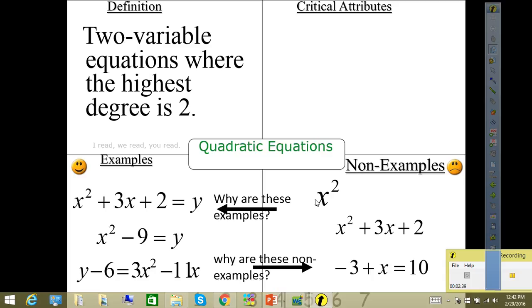Let's see, Francisco. Why is this one not a quadratic equation? Hands if you agree with that excuse. We're excusing this one from being a quadratic equation because it doesn't have another variable.